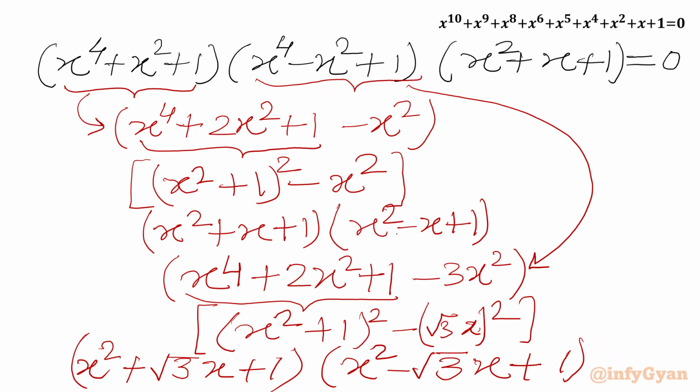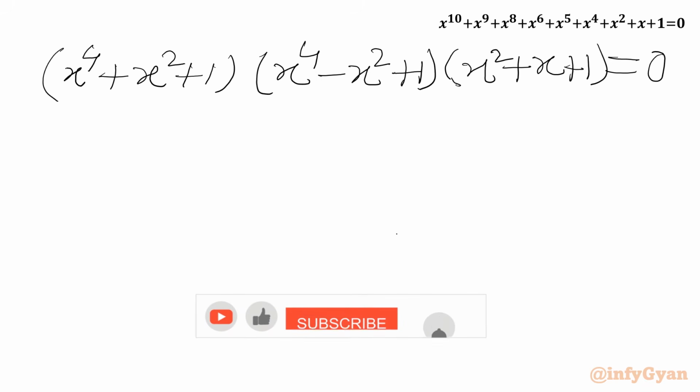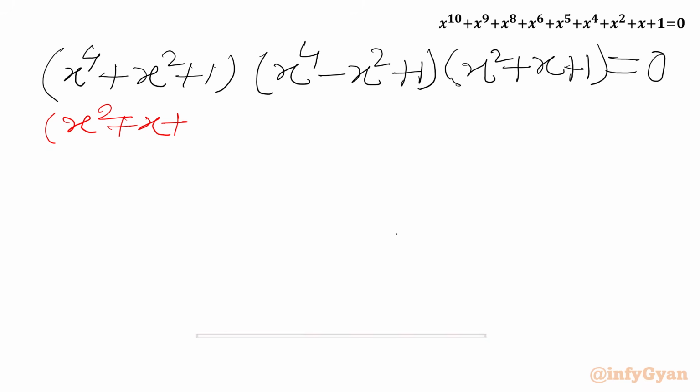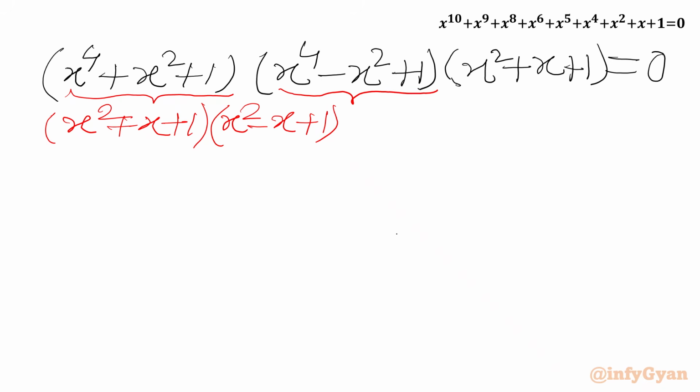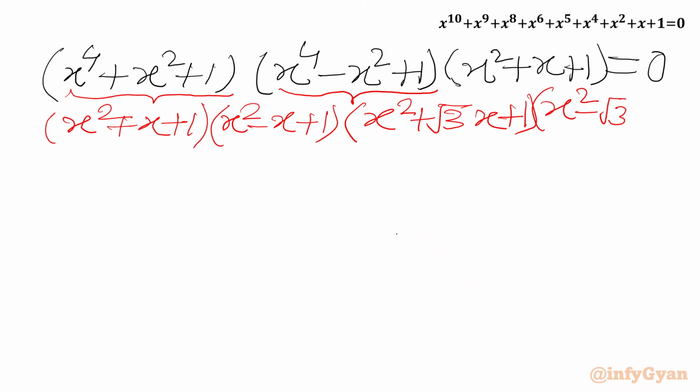Let us put all the factorization here. We will get x square plus x plus 1 times x square minus x plus 1 in place of x power 4 plus x square plus 1. Now we have x power 4 minus x square plus 1, which we have factored as x square plus root 3 times x plus 1 times x square minus root 3 times x plus 1.